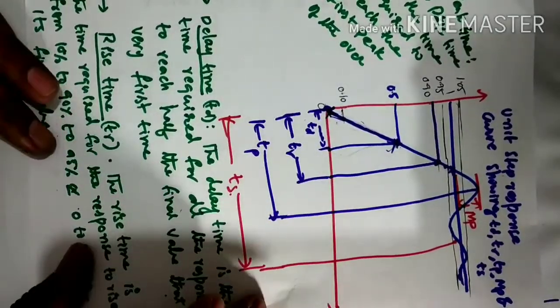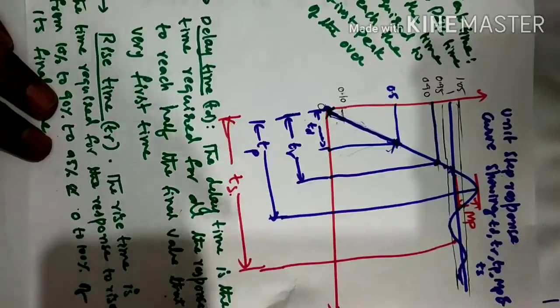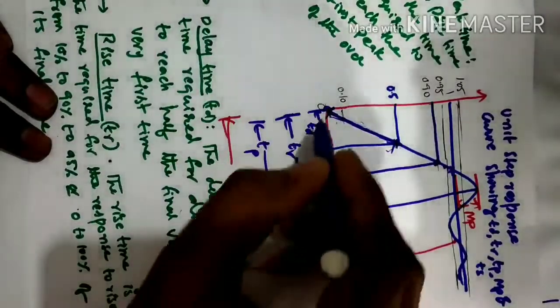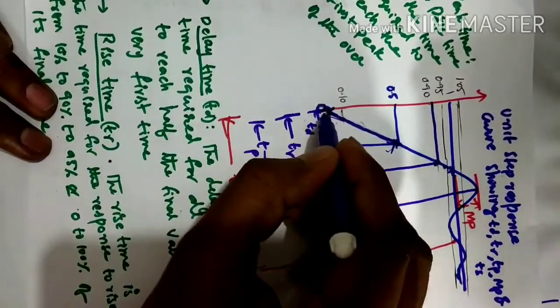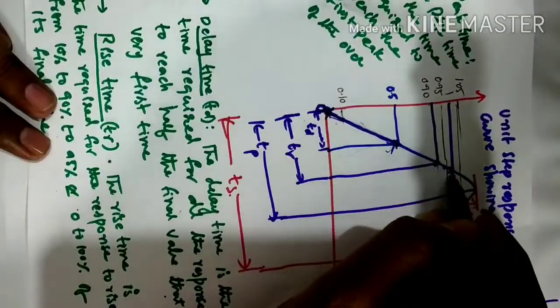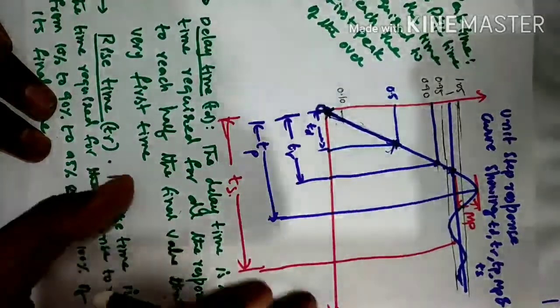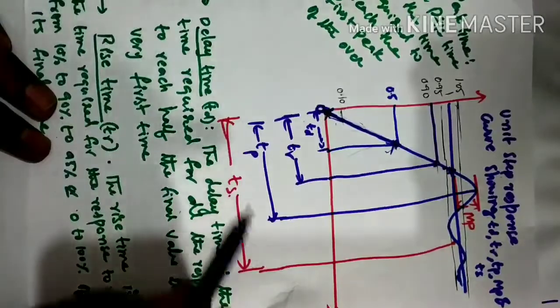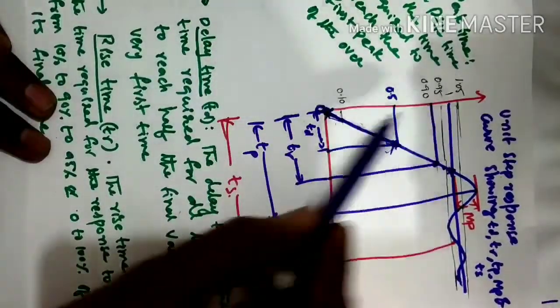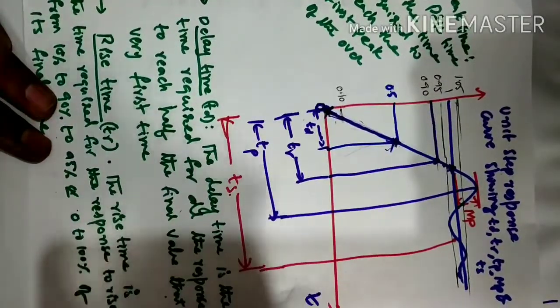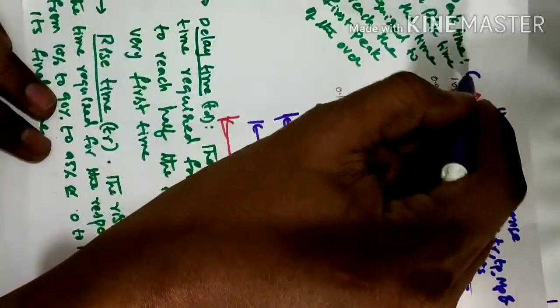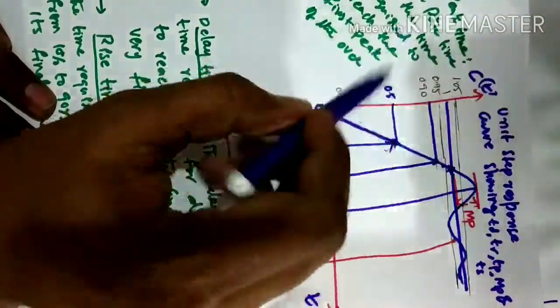Next we see the rise time. What is the rise time? First, just remember the graph here. This is in the time domain. This is C of t, the response curve.